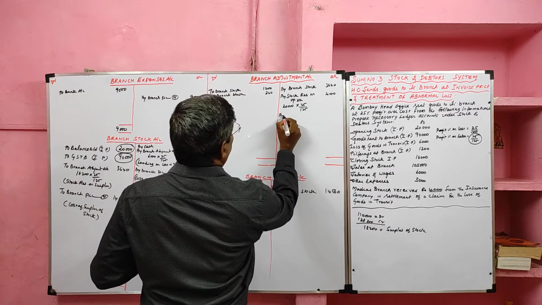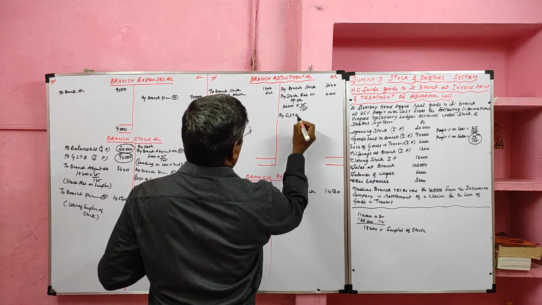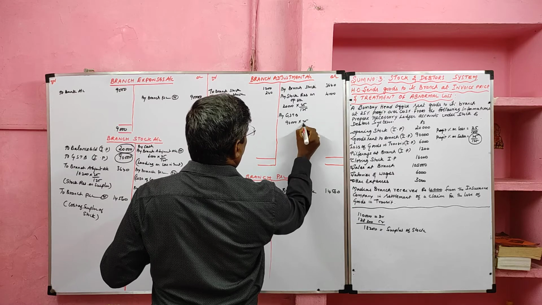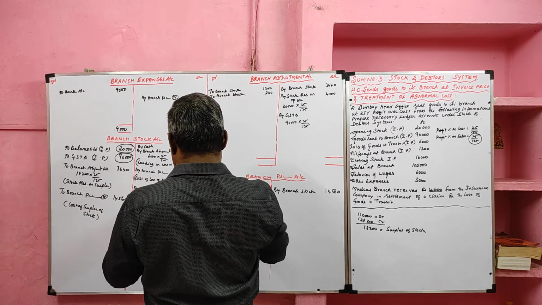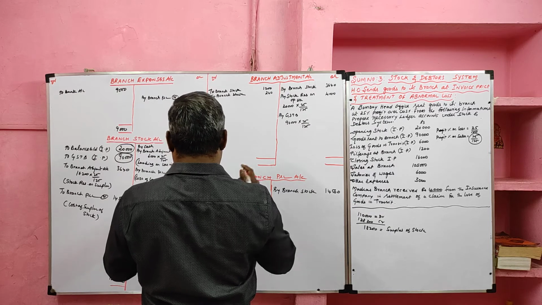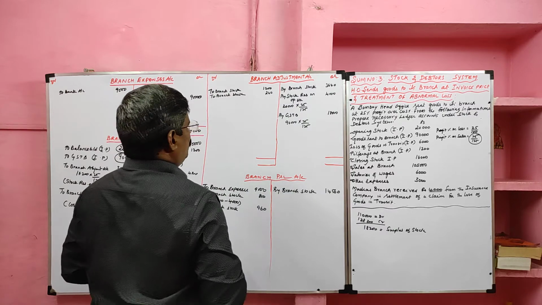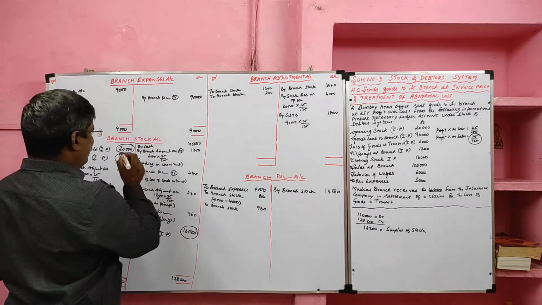Then we'll take stock reserve on goods sent to branch. Its value 90,000 into 25 by 125 gives 18,000. Then we'll take stock reserve on closing stock. It is recorded on the credit side of the branch stock account.